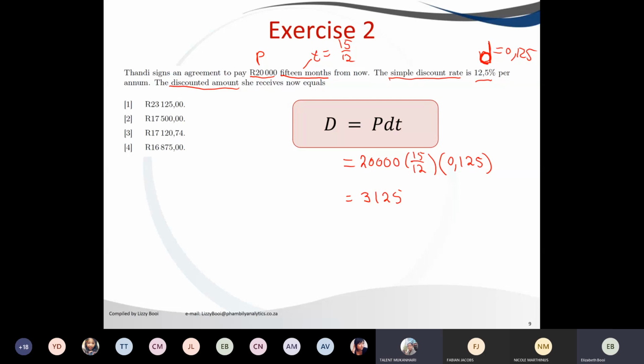So how do you get the discounted amount? You just subtract 3,125 from 20,000.